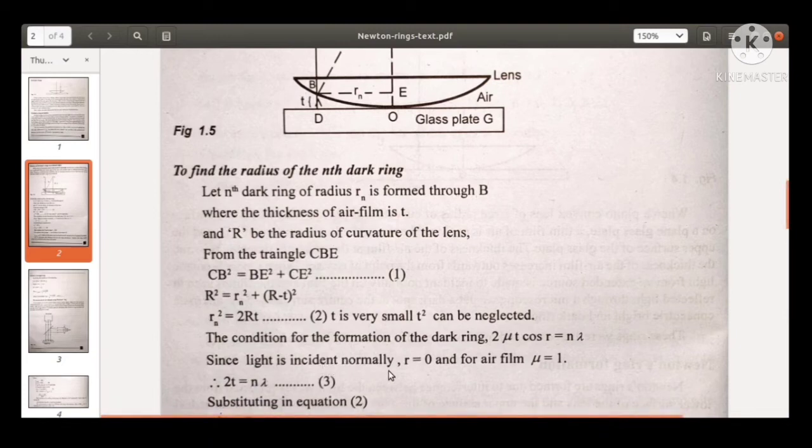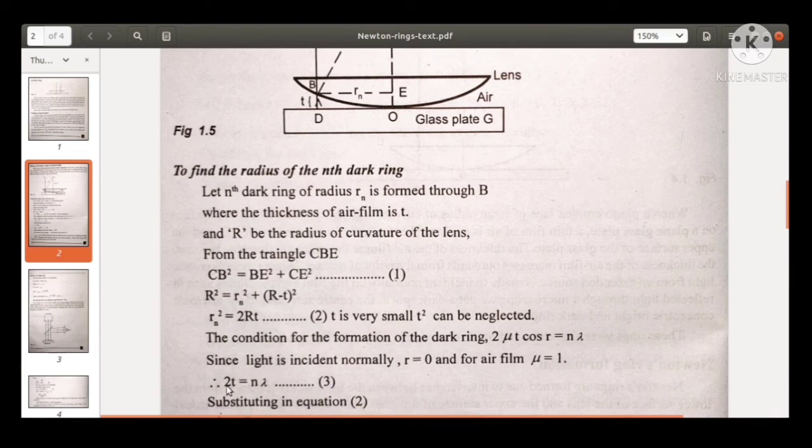Since the light is incident normally, we will get r is equal to 0, that is, the angle of refraction is 0, and for the air film mu is equal to 1, since this region is filled with air, the refractive index is 1.